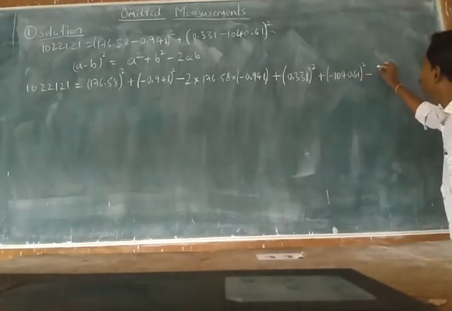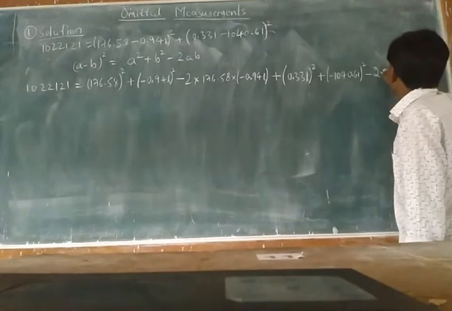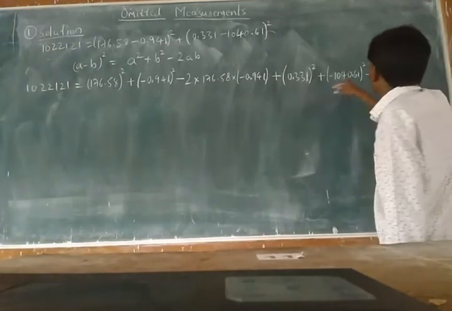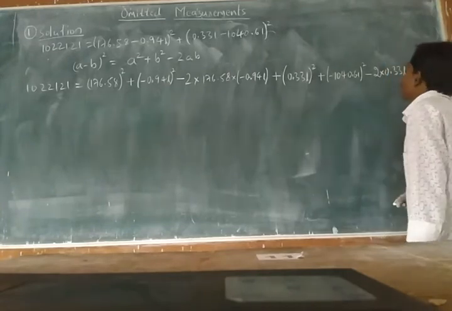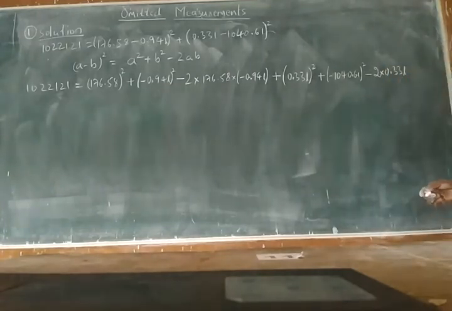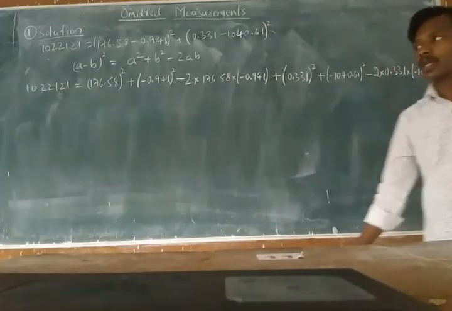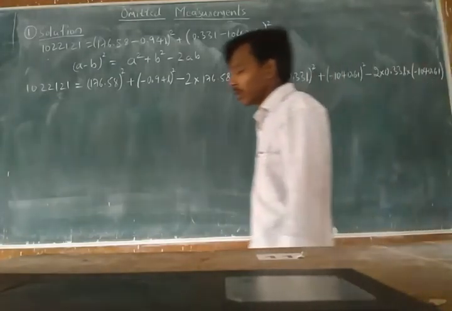Again minus 2 into a into b, so 2 into a means 0.33 L, and b means minus 1040.61, so here minus 1040.61. So this is the splitting up of the equation. Now just calculate all the values.